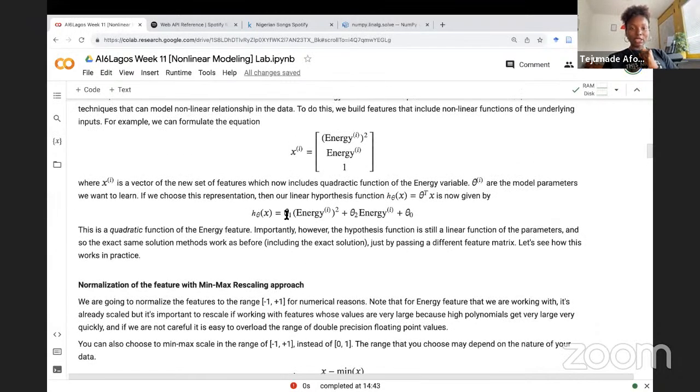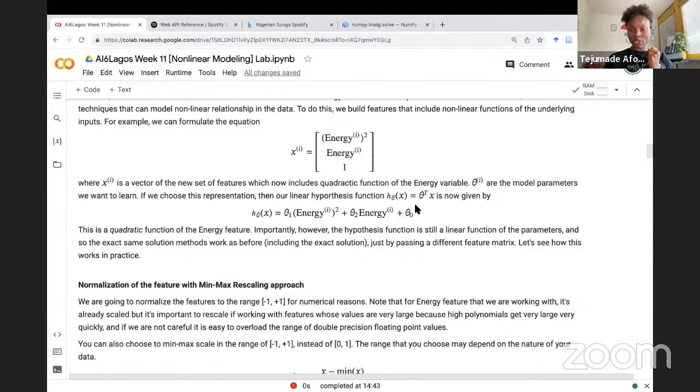And the equation becomes theta1, which is the weight of the first feature, the first polynomial feature, energy squared, and theta2 will be the weight for the second polynomial feature.